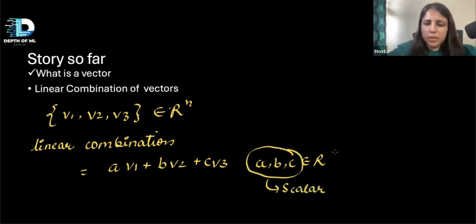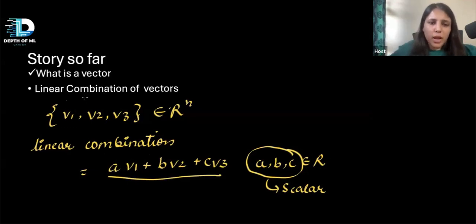So all such combinations coming from this particular equation are called linear combinations of the vectors. And we can have any number of vectors in this set. When we do a linear combination, we just multiply each vector with some scalar and add them to the other vectors. Fine. So this was the linear combination of vectors.